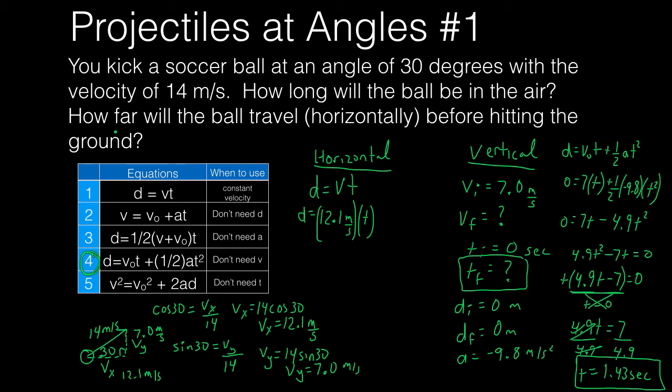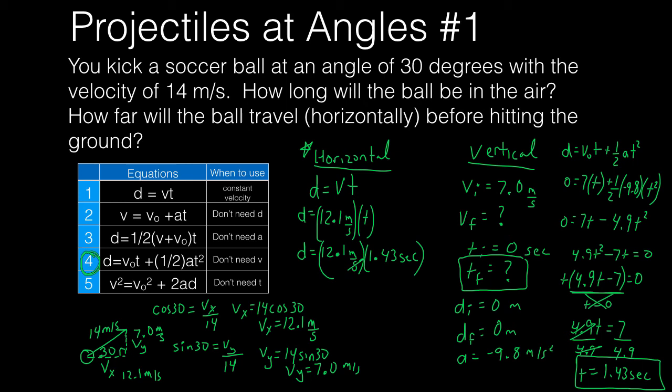Now let's move to the second part, where it says how far will the ball travel horizontally before hitting the ground? We come back to this horizontal equation, and we can plug in the t value. Displacement is equal to the horizontal velocity, which was 12.1 meters per second, times the time, which was 1.43 seconds.